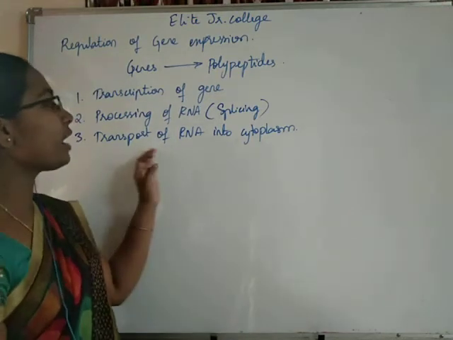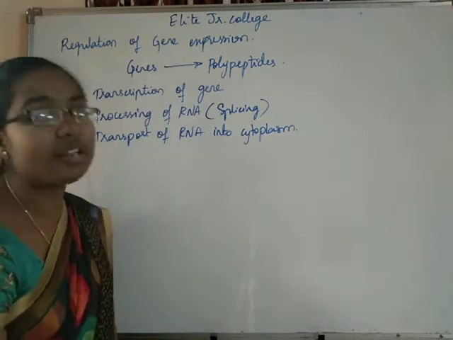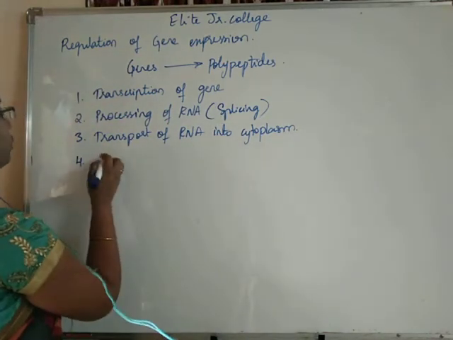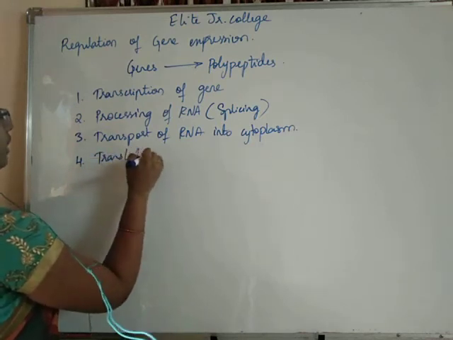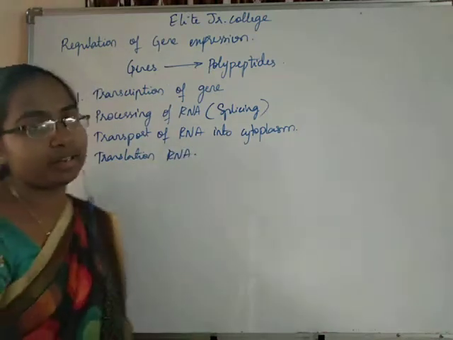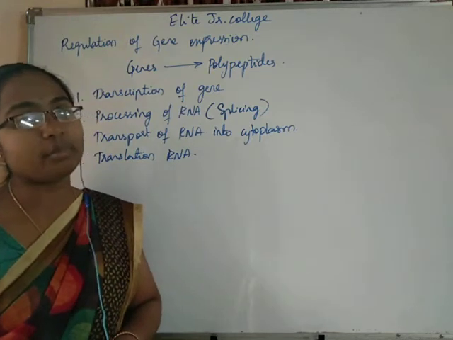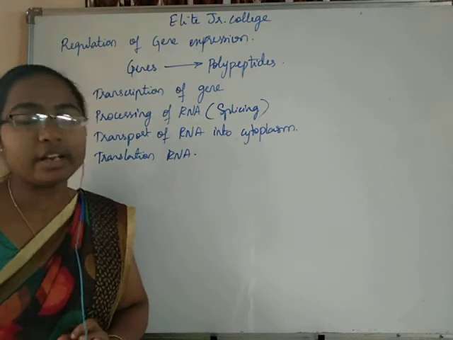So transport of RNA into the cytoplasm from the nucleus is also one more level where gene expression can be regulated. And then the fourth level is translation of RNA, that means production of proteins from RNA. These are the different levels where the gene expression can be regulated.